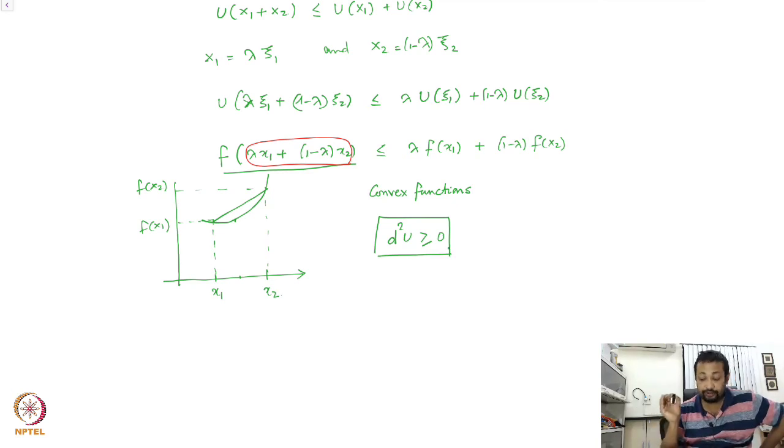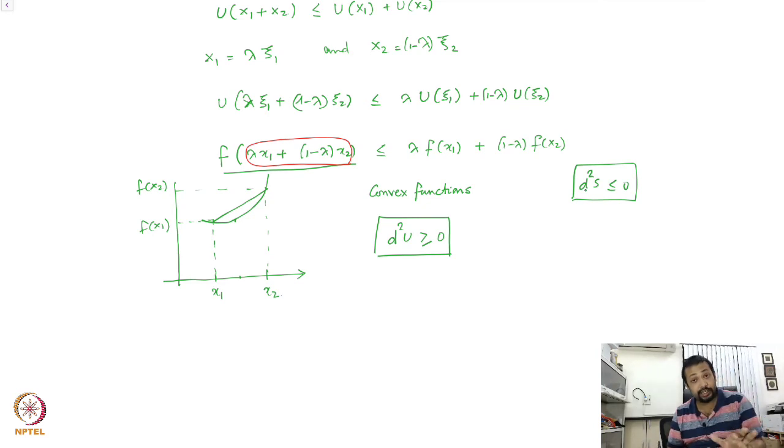Therefore, as far as thermodynamics is concerned, as a system goes to an equilibrium, it maximizes the entropy, which would mean that d2s is less than equal to 0, or it minimizes the energy, which would mean that d2u is greater than equal to 0.